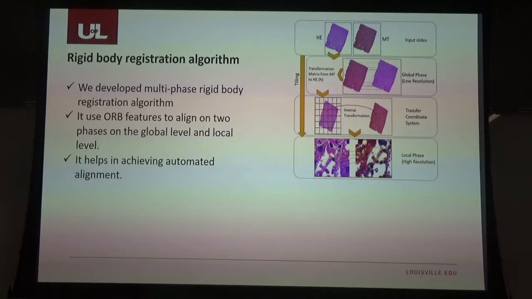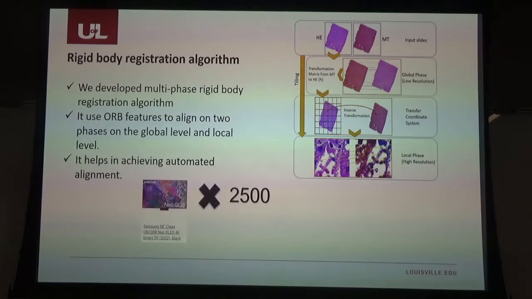It's one of the most basic methodologies in computational imaging. But in digital pathology, we have those 2,500 HD screens, so even the quantization error in the model that computes this transformation function can cause an error.